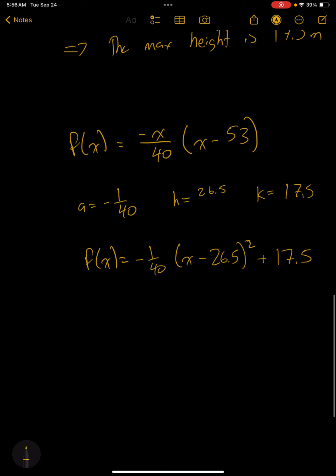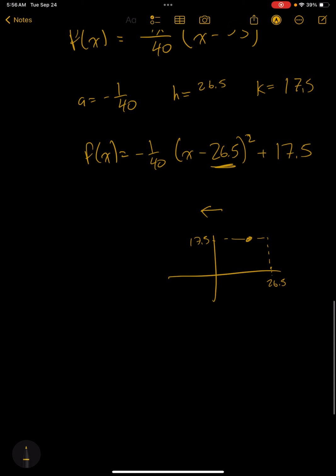Well, instead of being at 26.5, 17.5, I just have to shift it over here. So I just have to change this value.